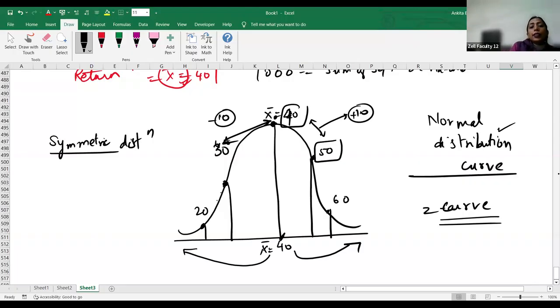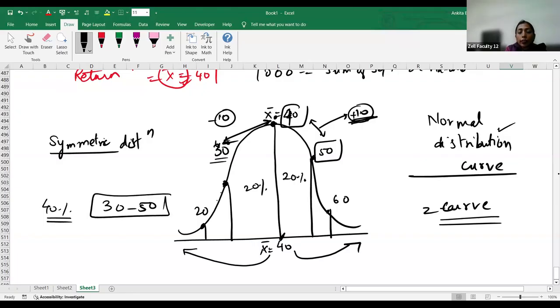What matters is that if there is a 20% probability of a deviation of 10 here, then there will be a 20% probability on the left side also for values till 30. So you can say that there is a 40% probability that the average values will be lying between 30 and 50.